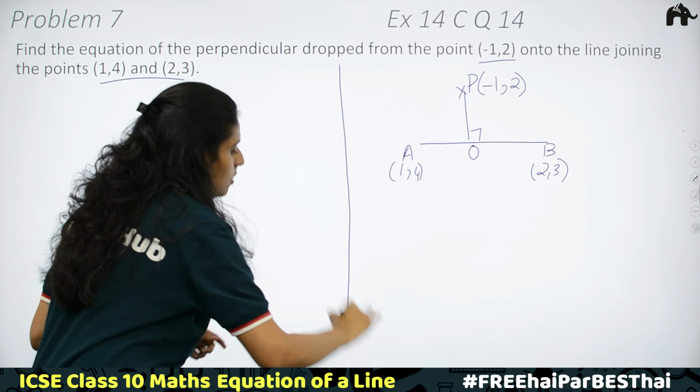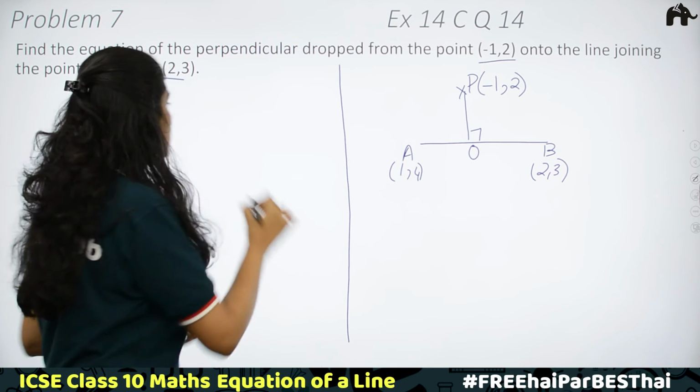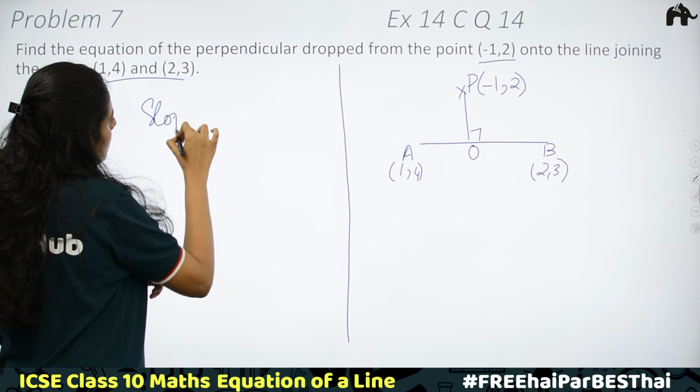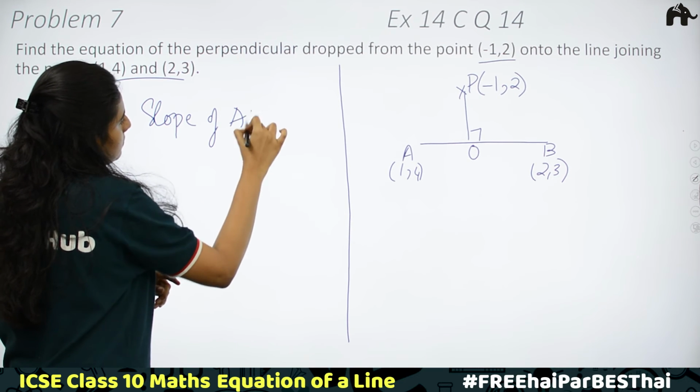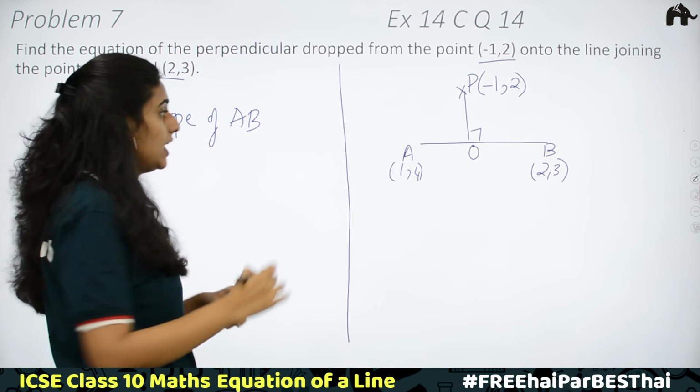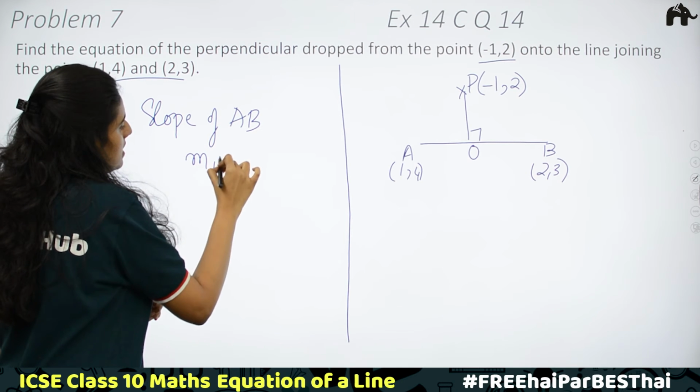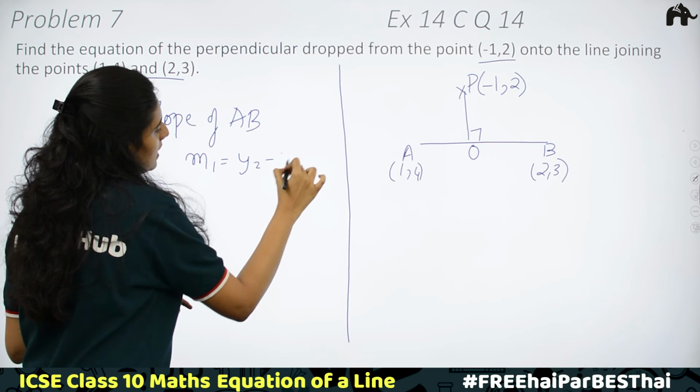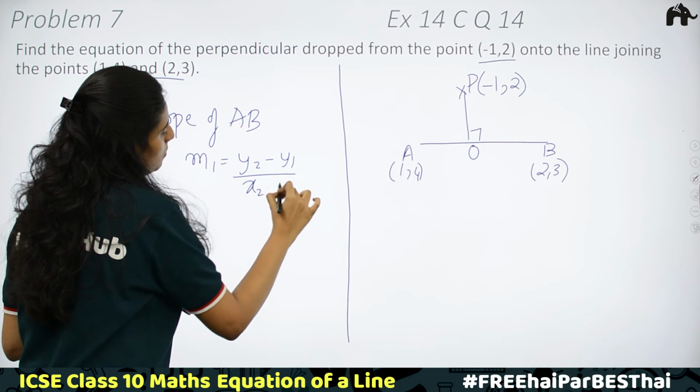Let us start now. First, we'll be finding the slope of AB. Let us take the slope of AB as m1. m1 is equal to y2 minus y1 divided by x2 minus x1.